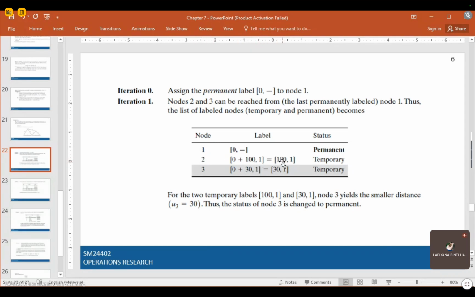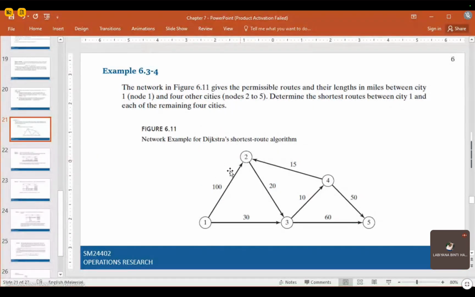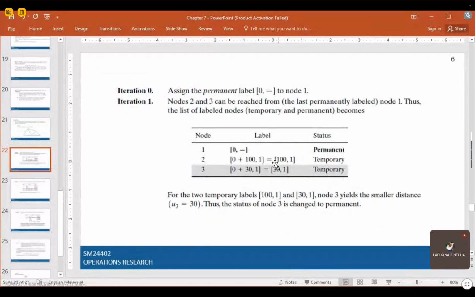So it will be 100, comma 1. We get this 100 and 30 from these arcs. From 1 to 2 it's 100, from 1 to 3 it's 30. So we just need to add 0, so our answers will be 100 and 30.